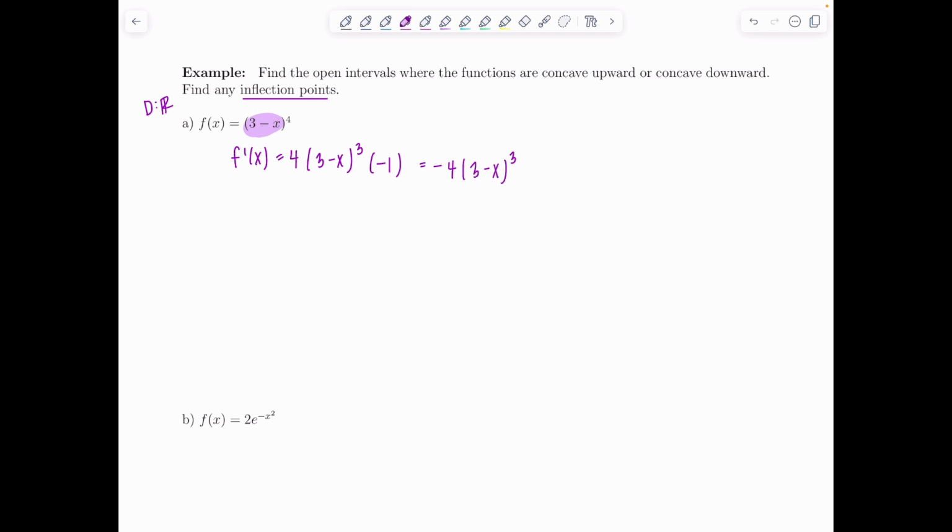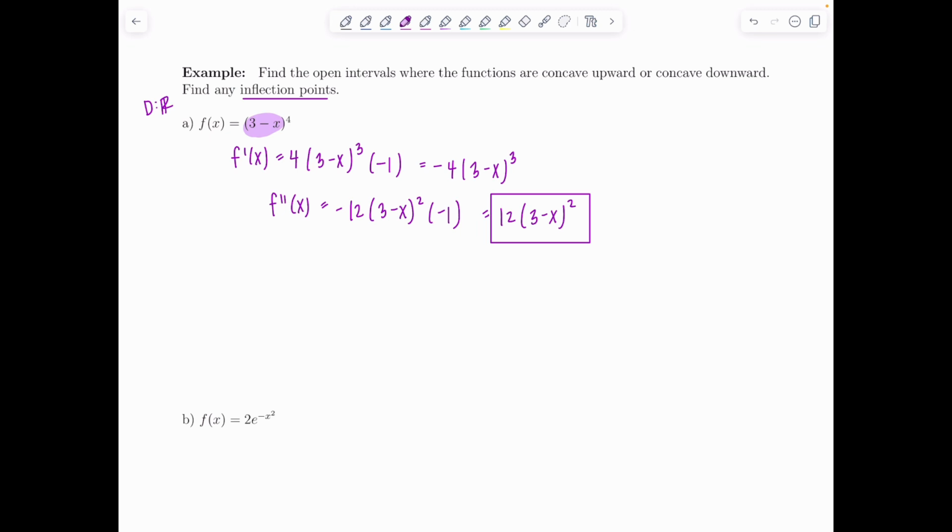Okay, one more time. So f double prime of x is going to be -12 times 3 minus x squared times another -1. So now this is +12 times 3 minus x squared. Okay, there's my second derivative. Now, I want to find where the second derivative is positive and where it's negative.